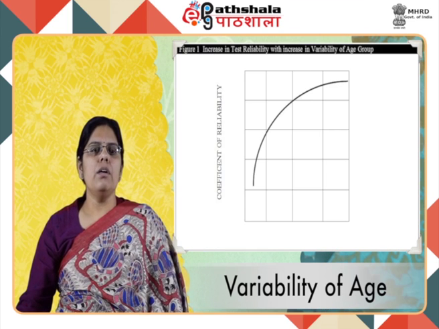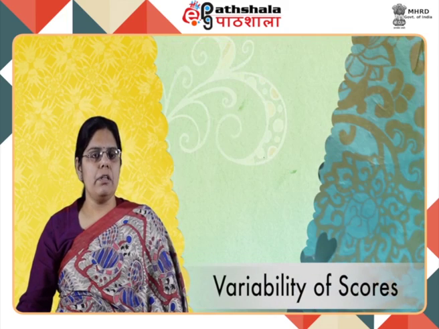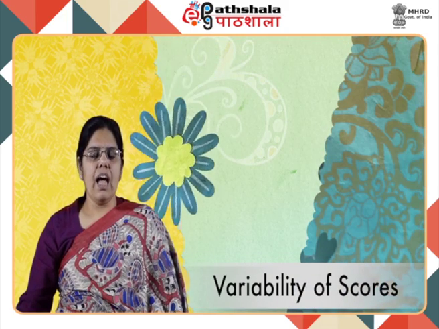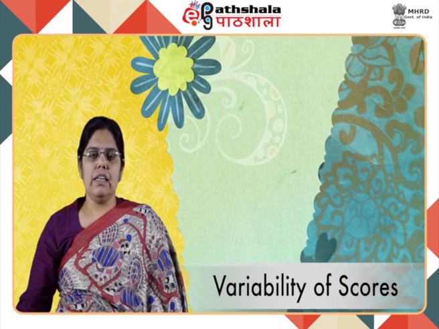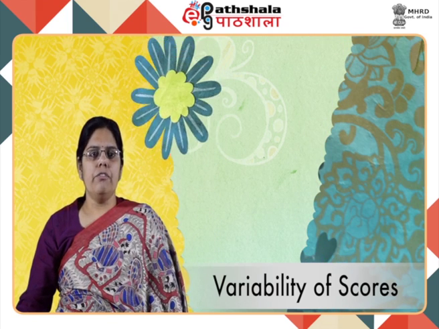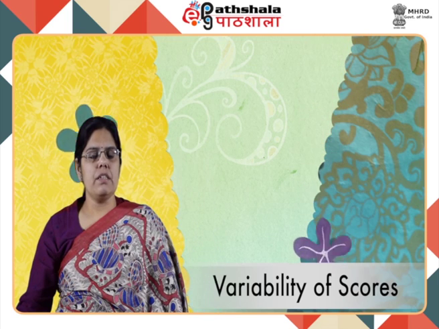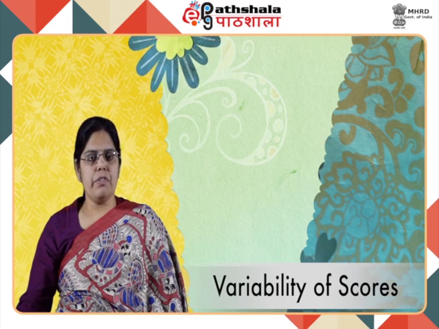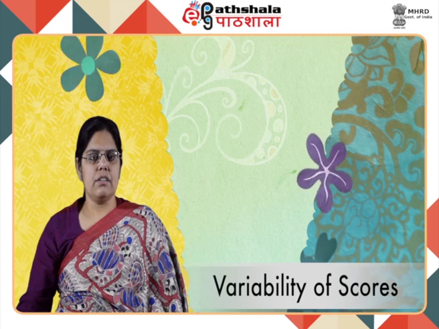The second factor which may affect the reliability of a test score is variability of scores. As discussed with regard to the variability of age, the reliability of a test is also affected in a similar manner by the variability in the measured scores. When the variation among the participants is small, the correlation between two sets of scores may also be lowered by chance and by minor psychological factors.